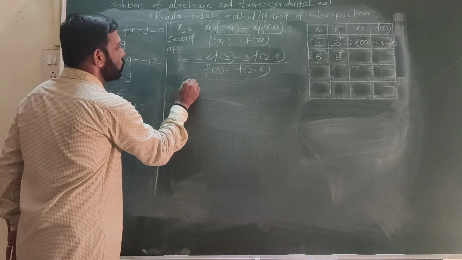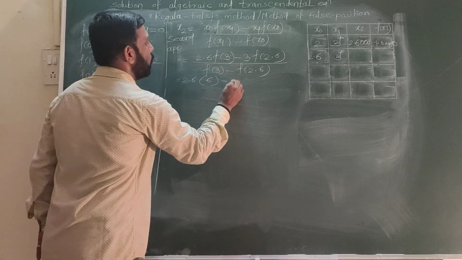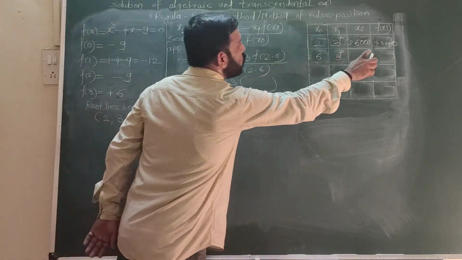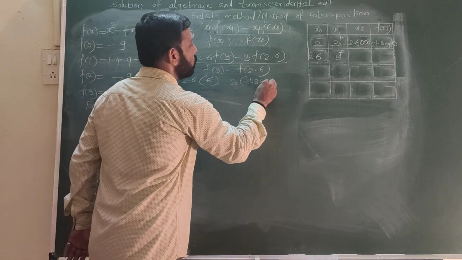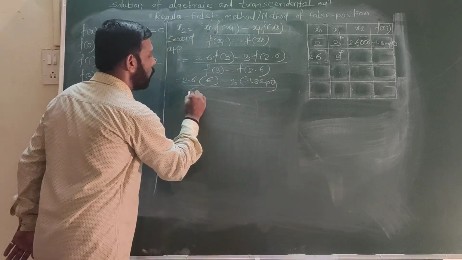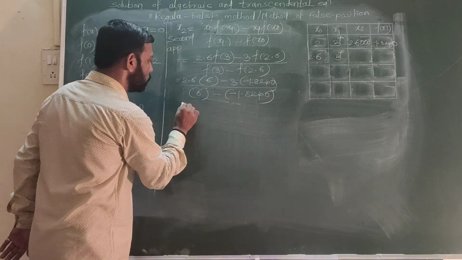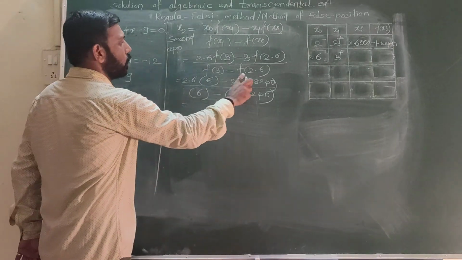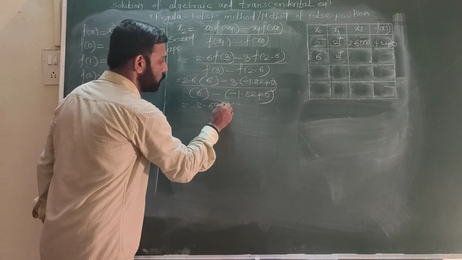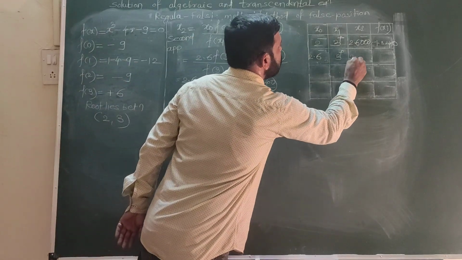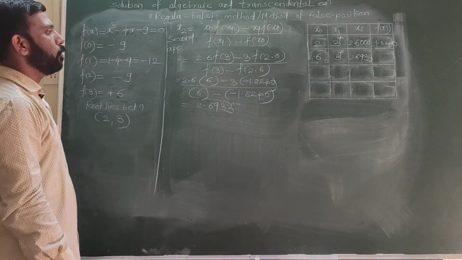Put here the values: 2.6, f of 3 value plus 6, minus 3 into f of 2.6, the last value in the table which we calculated, upon the bracket values in the denominator, which equals 2.6933. This is our second approximation.